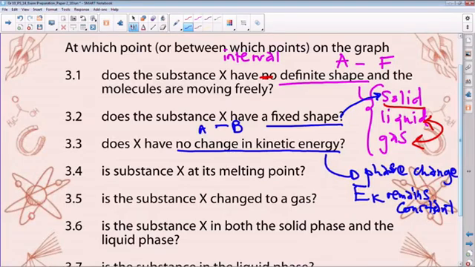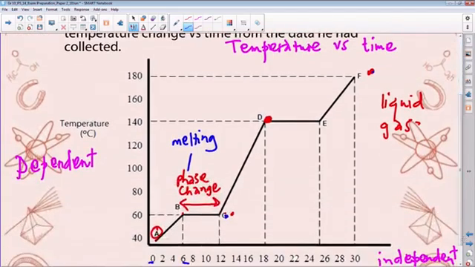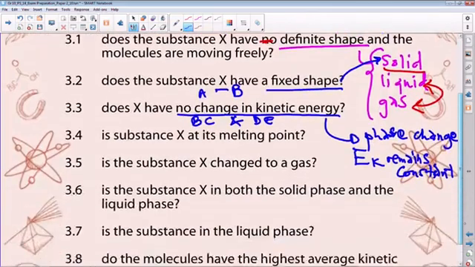You'd agree that during this phase change BC and in this case DE, there is phase change because temperature is constant, between 6 minutes and 12 minutes. So we have BC and DE, where temperature remains constant because there is a phase change, which is a very important part of this.